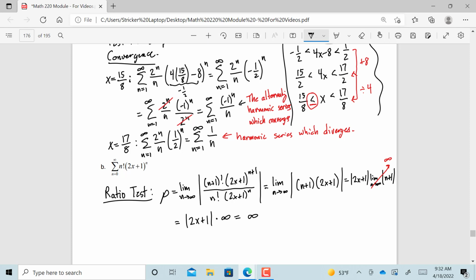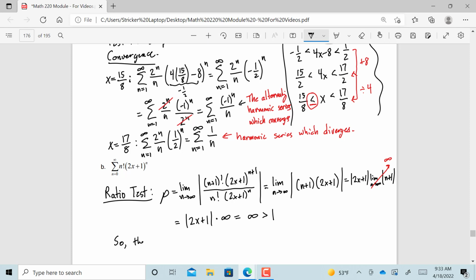Anything times infinity is going to be infinity. Now, infinity is always going to be greater than 1. And we know that when rho is greater than 1, a series, according to the ratio test, must diverge. So let's go ahead and make a statement there.